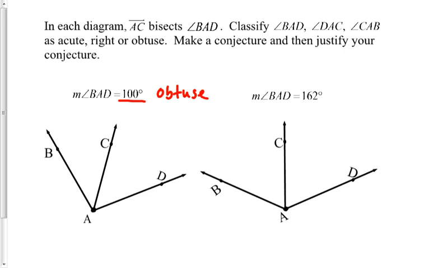So we would say that angle DAC is acute. Next we look at angle CAB, so this angle here. And that angle certainly looks less than 90 degrees, so we would also categorize that angle as being acute. So we started with an obtuse angle, it was bisected, we got two acute angles.